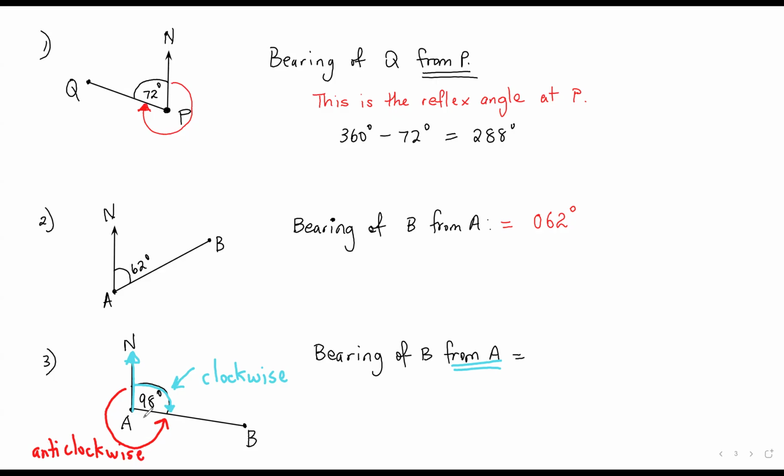Your bearing is the clockwise angle. So the answer for this one will just be 098 degrees. And the reason I write 098 is because it's 3 figures that you need to use for your bearing question. So if you have a number that's less than 100, you have to put a 0 in front of it.